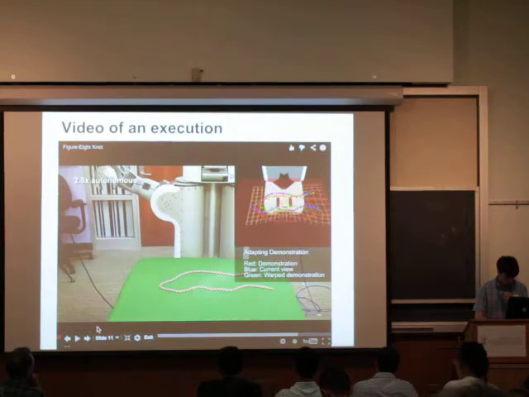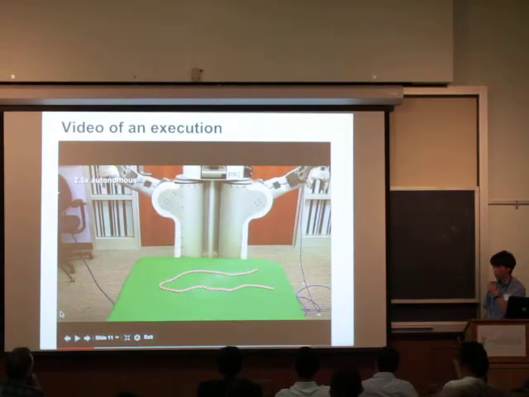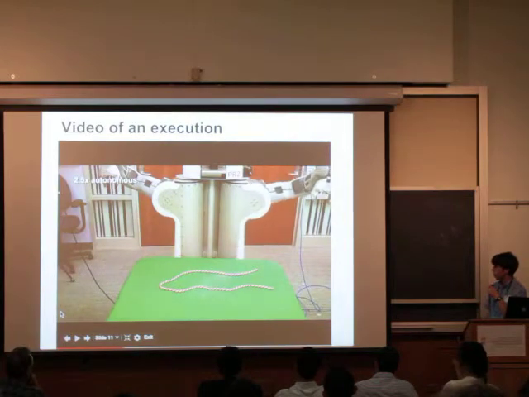Okay, so here is a video of it executing. In the upper right-hand corner, you can see the transformation process. It's currently capturing a point cloud and then doing the transformation.